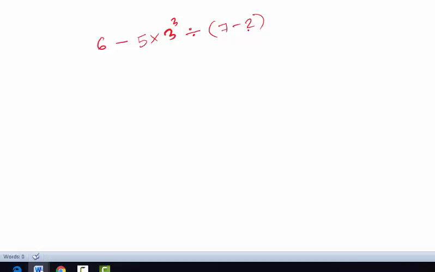Now the question is how we solve this expression.